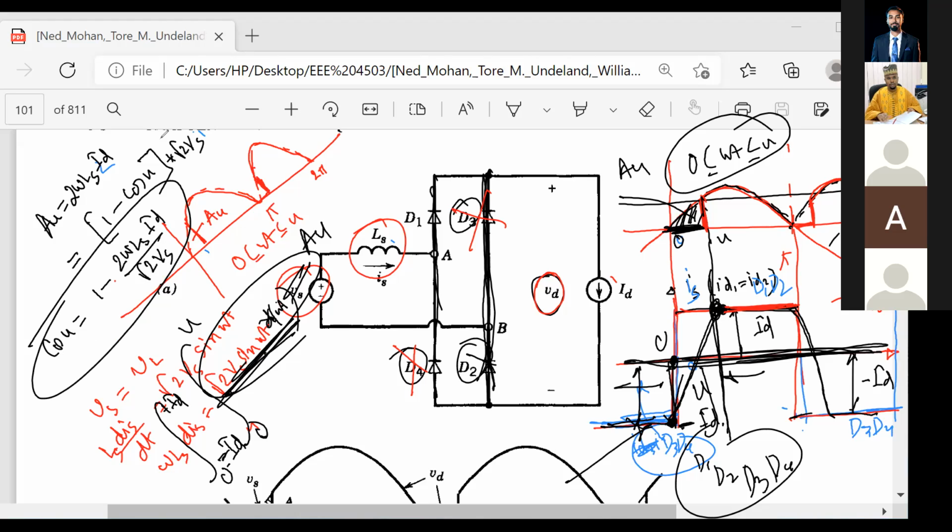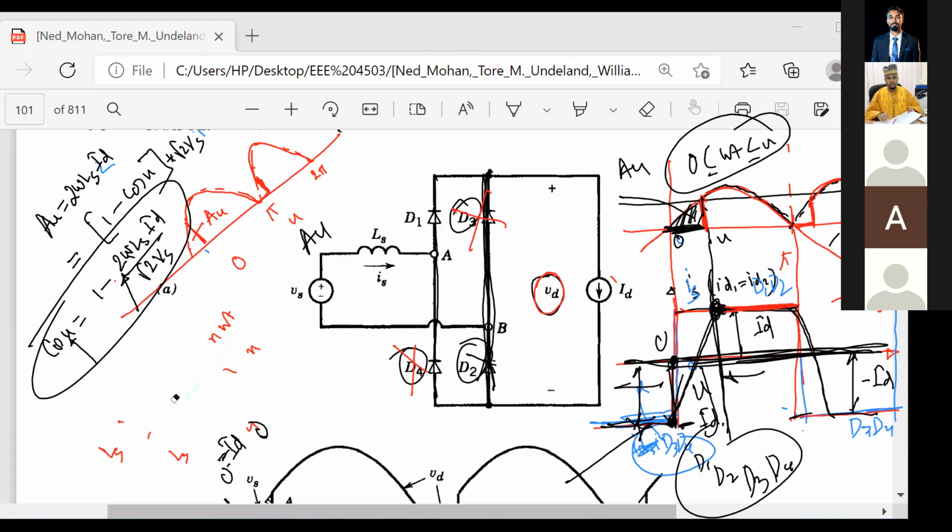Only difference with the half wave rectifier is that now there should be a multiplying factor of 2. We want to find out the average value of the voltage. Vd will be 0.9 Vs minus the area Au divided by now what? 2 pi or single pi?